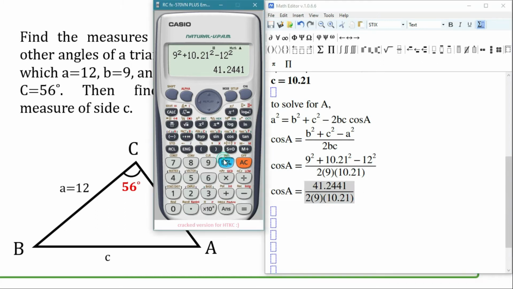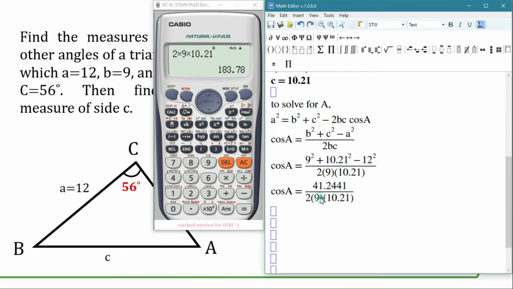So we have 2 times 9 times 10.21. So that is equivalent to 183.78. Okay. And then simplify lang natin to.